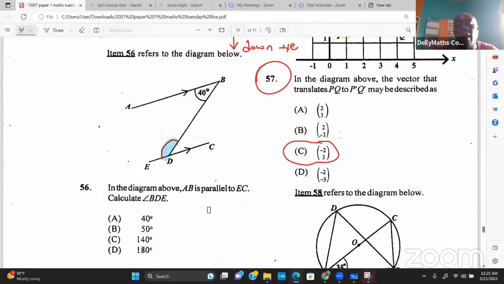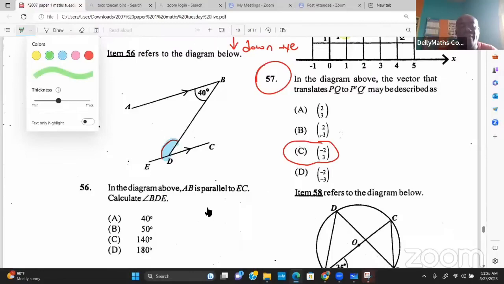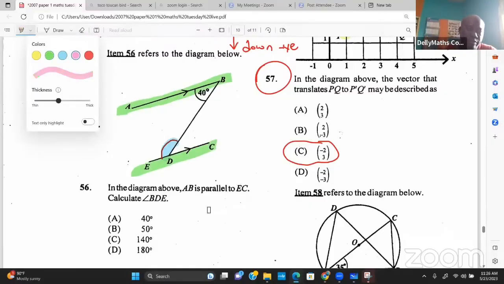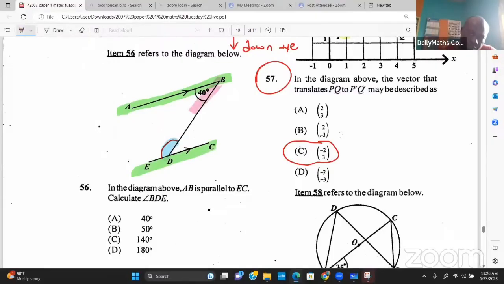One is to understand that if I have two parallel lines that were cut by a transversal, then a lot of things are going on.